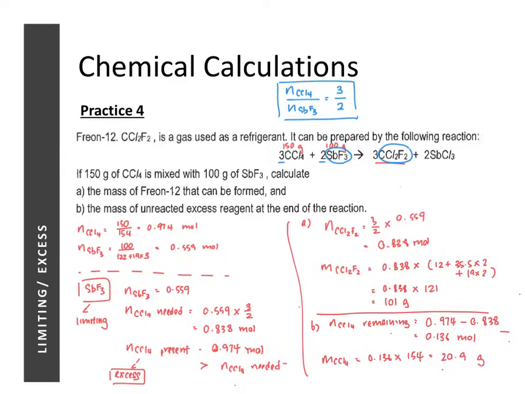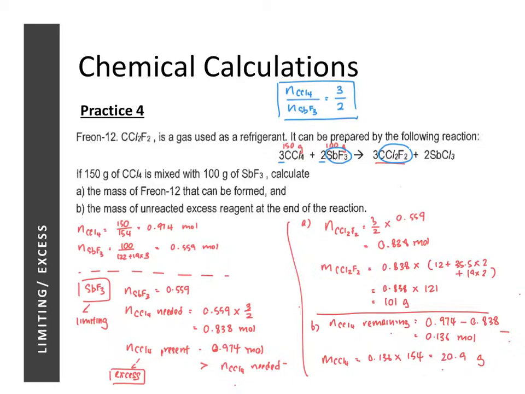So the two important concepts that we have learned in this lesson are these. When the amounts of two reactants are given in the question, we need to determine which one is limiting and which one is in excess. How do we do that? Find the number of moles of both reactants, pick one and use the mole ratio to find out how much of the other one is needed, and then compare to how much of the other reactant is present to determine which one is limiting and which one is in excess.